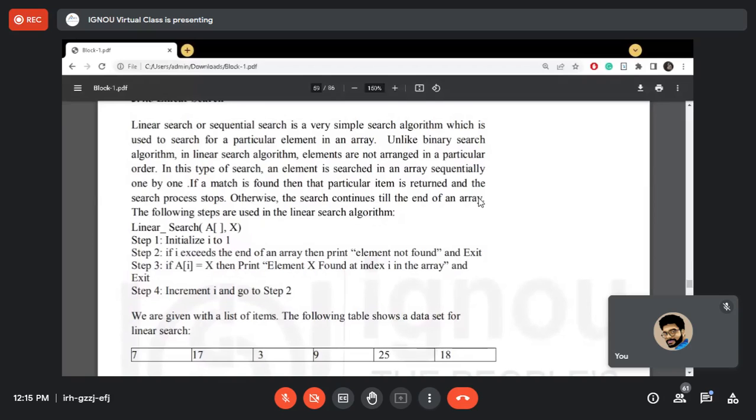So let's discuss linear search. What do you mean by linear search? Searching for an element in a sequence from the first element to the last element until we find that particular element. What is the complexity of a linear search? It will be in 3 cases, ma'am: best case, average case, and worst case.